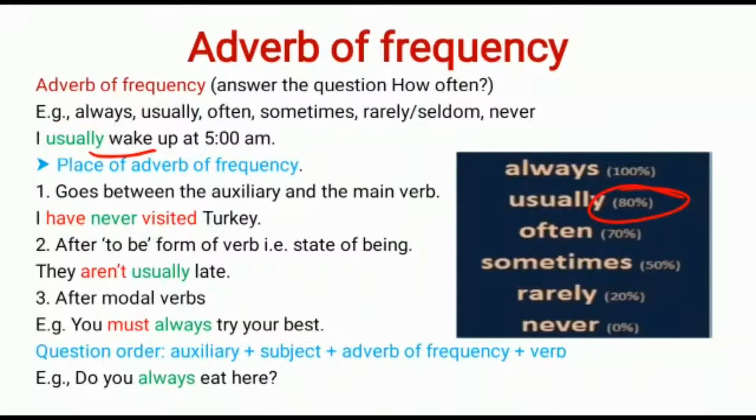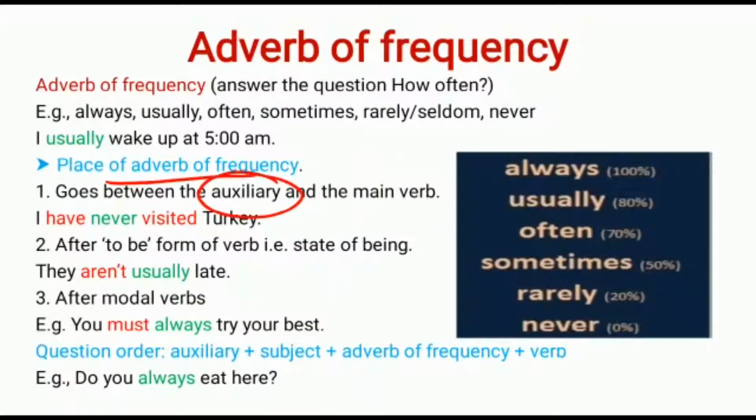Now, another very important thing which we need to know about adverbs is placing them correctly in a sentence. Now, most of us make errors in placing adverbs correctly in a sentence. Generally speaking, an adverb is placed between an auxiliary and the main verb.